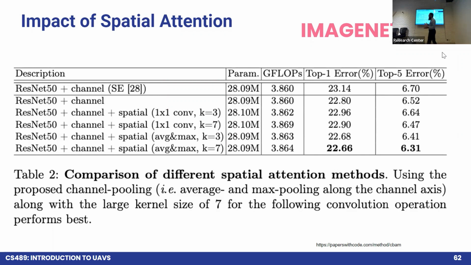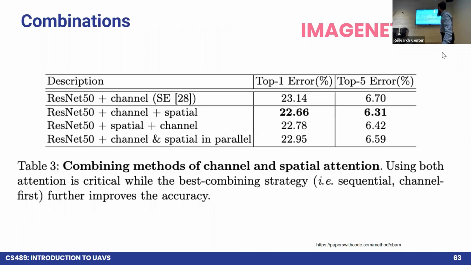They tried to explore different types of dimensionality reduction, and they found that channel plus spatial with kernel equal to 7 and average and max pooling gave the best result. This is why that was their final architecture, with a kernel size equal to 7. Of course, this is not standard. Maybe if you change the dataset, you need to compute these hyperparameters again.